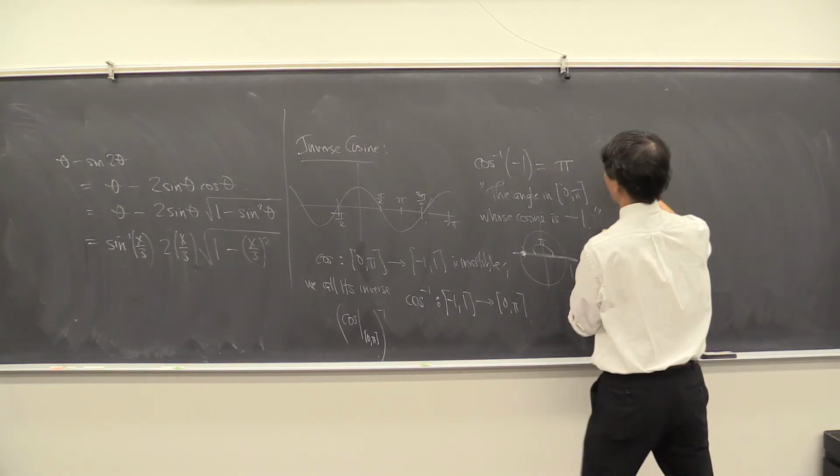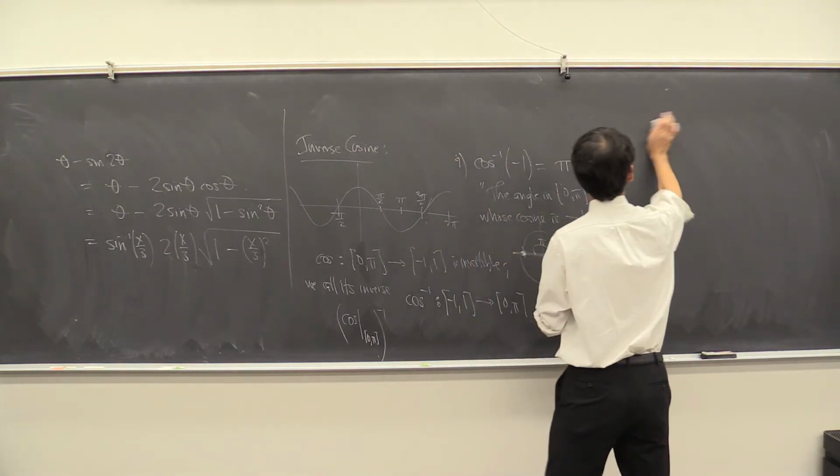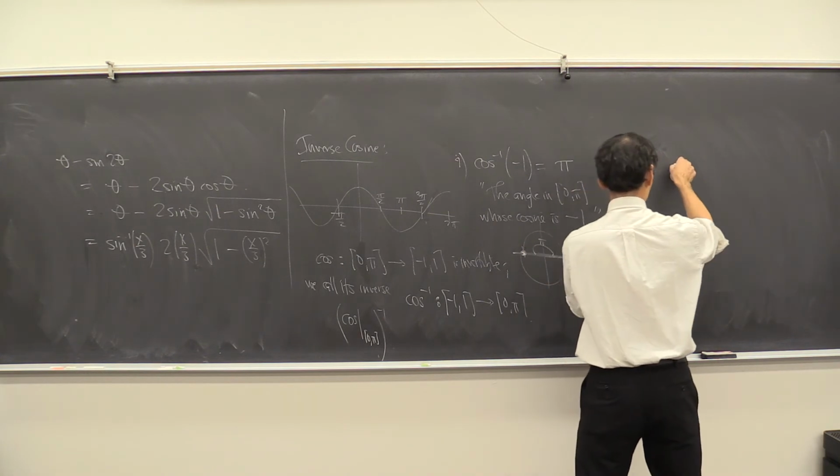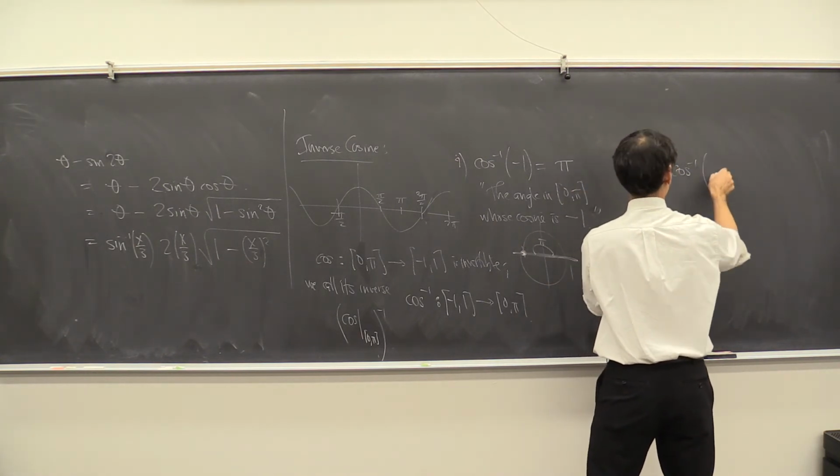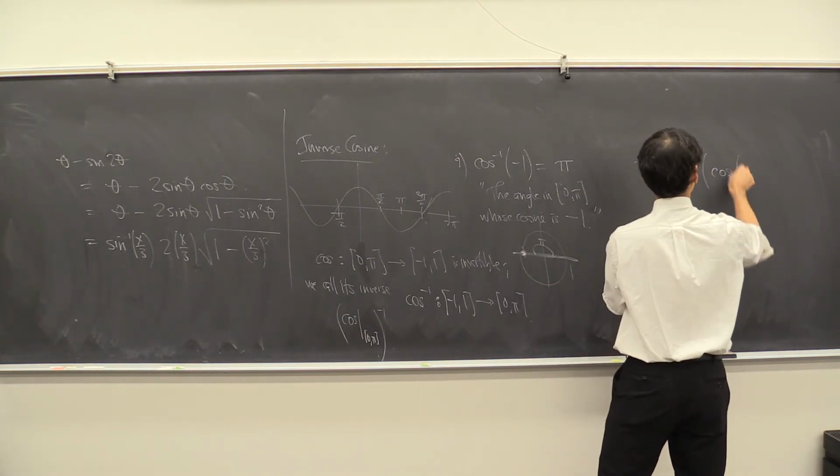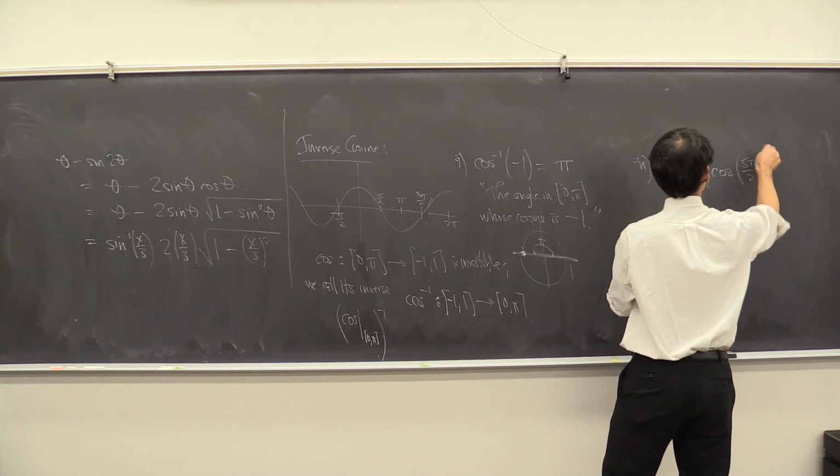Similar. I know I said maybe we shouldn't give trick questions, but here's the same trick question. Cosine inverse of cosine 5 pi over 2.